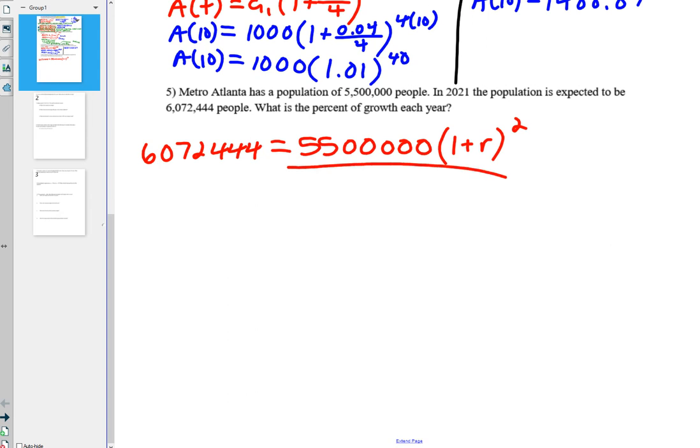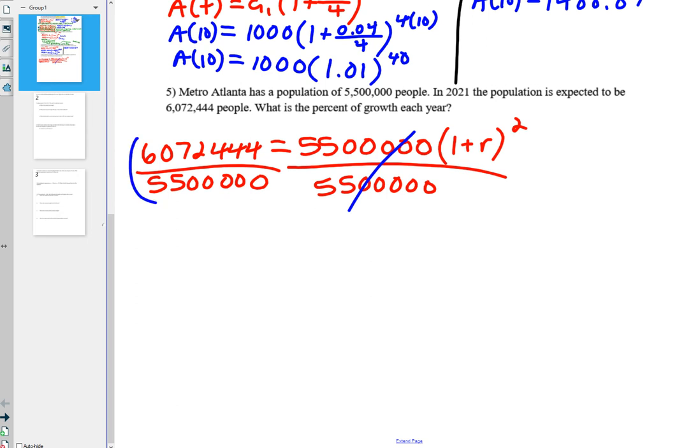So the first thing you would do is divide by 5,500,000. And that's going to give me a decimal. I'm just going to leave it like that. I'll make sure that when I put it into the calculator, I'll use the parentheses. I'll keep that together because if not, that decimal is probably going to be pretty nasty.